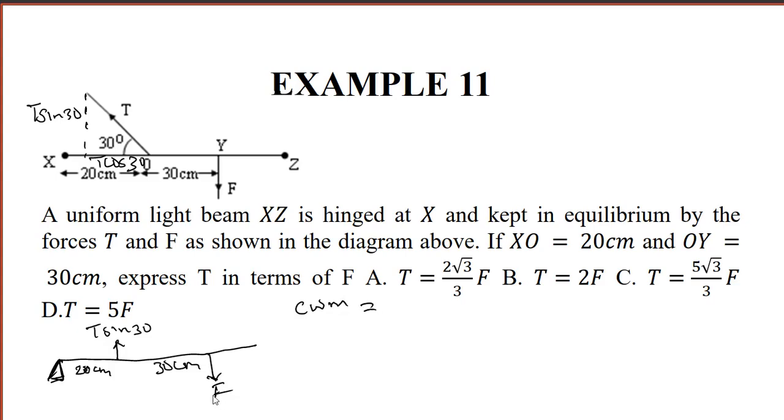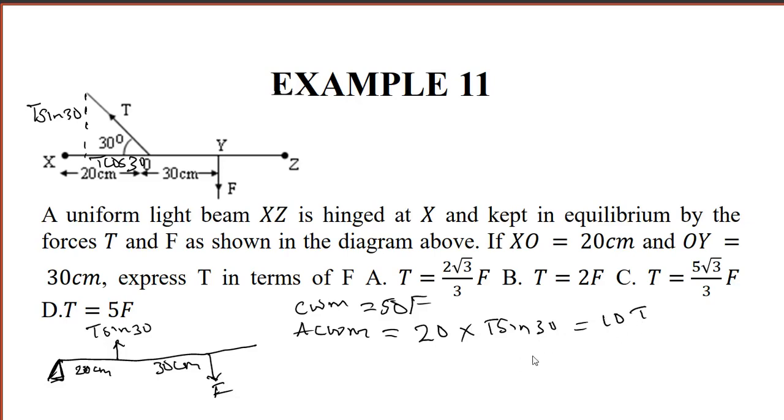So the clockwise moment will be F, and from F to the fulcrum is 50 centimeters. That will be 50F. The anti-clockwise moment will be 20 times T sine 30. That will be 10T.